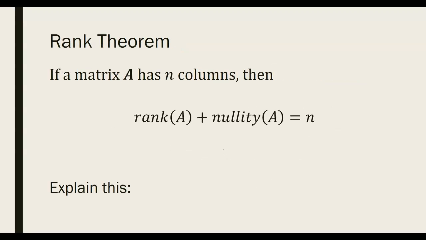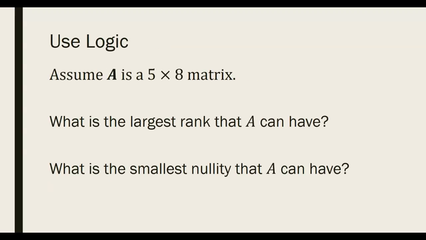But we can also just go through logically what could happen because of this rank and nullity theorem. So let's use logic to answer a couple of questions. Let's assume we have a 5 by 8 matrix. What's the largest rank that A could have? Or what's the smallest nullity that A could have?